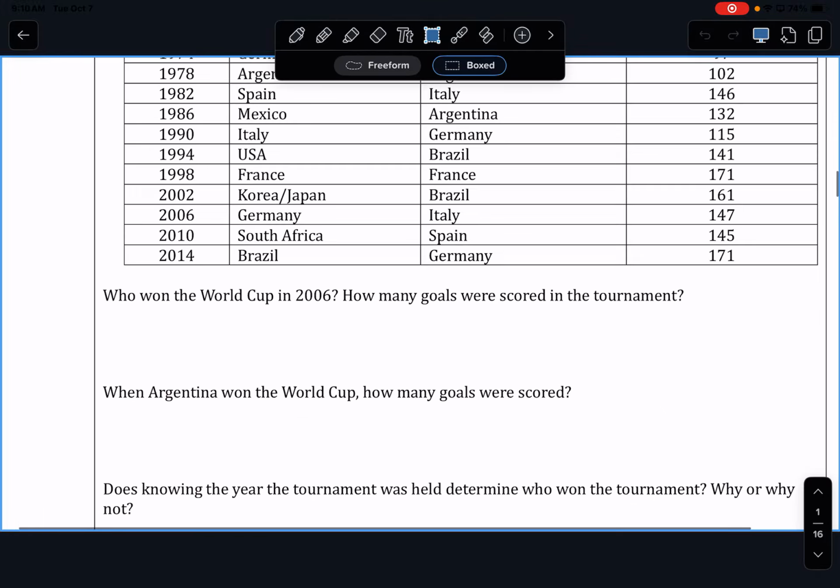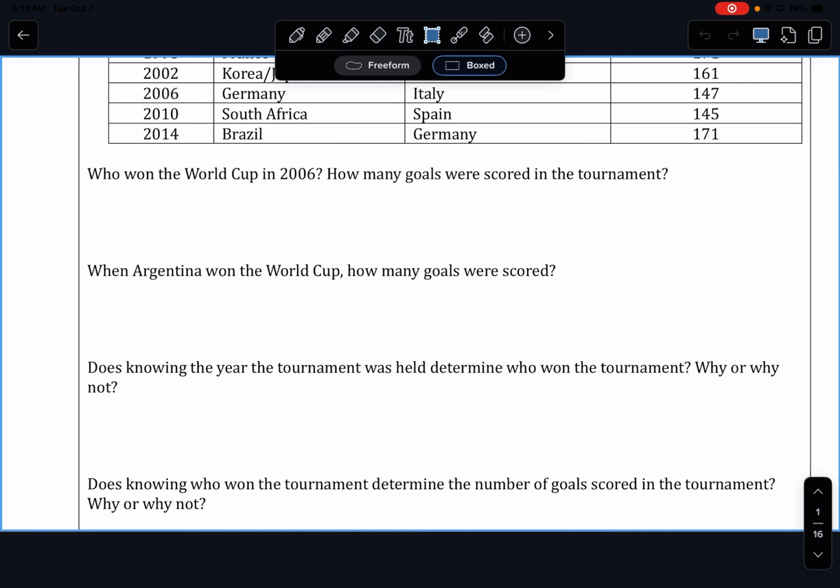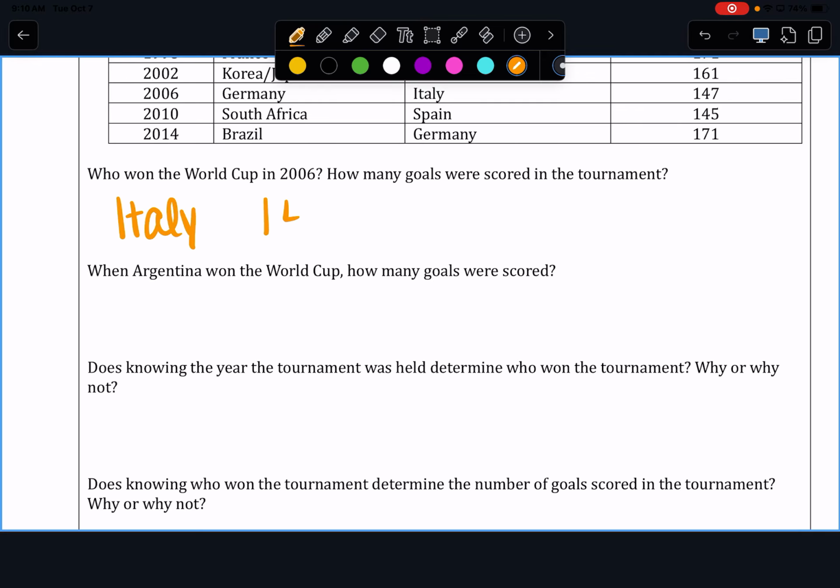The first question it gives us is who won the World Cup in 2006? Italy. Now, how many goals were scored in that tournament? All right. So now, when Argentina won the World Cup, how many goals were scored? That was 147 in 2006.